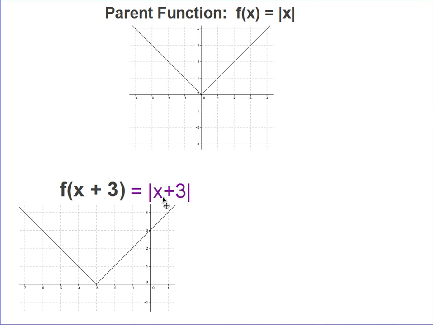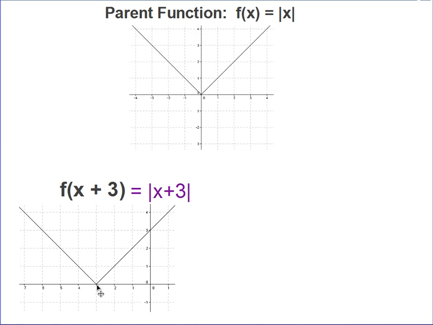Now I know it's hard to see why the new graph is where it is, so let's take the time to plug in some x values. If I put in a 0 for x, I would take 0 plus 3 and take the absolute value of 3. That means the point (0, 3) is on our new graph.